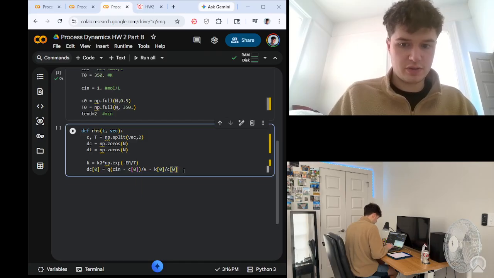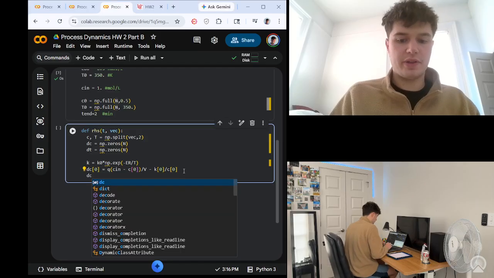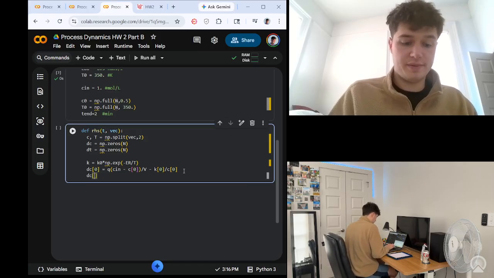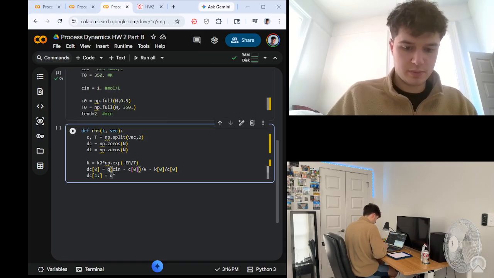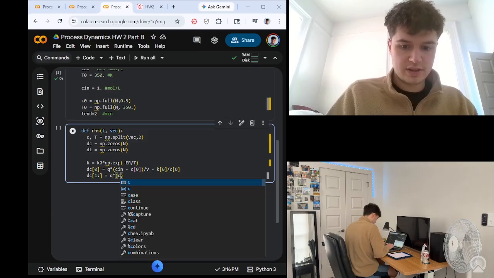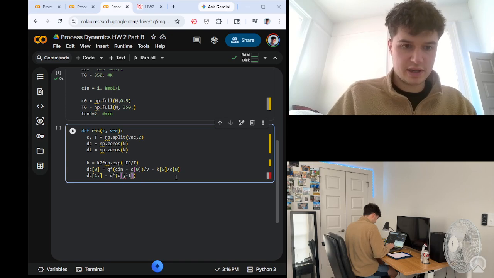So this is our first equation, but then we also need the derivative of the concentration from 1 on. So we get this, and for this equation we will get, again, Q, the flow rate, times C, which we want from infinity to negative 1, inside the parentheses, minus C from 1 up.